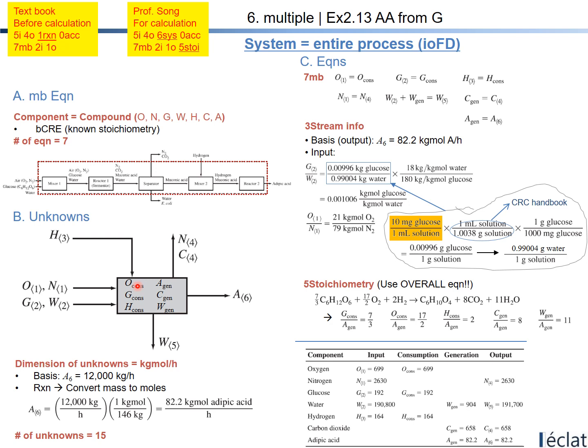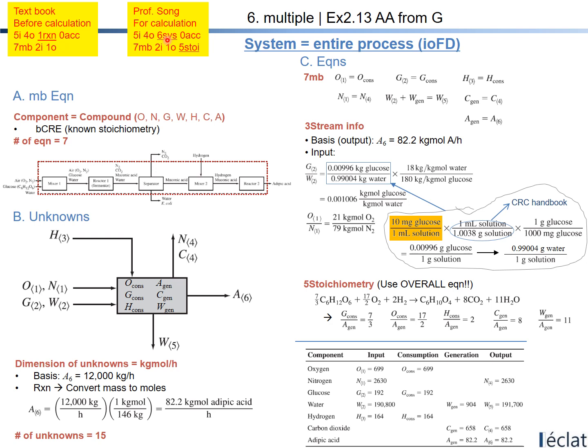The other thing, adipic acid is generated plus CO2 and water. So those 3 could be considered as the generation terms for the system variables. No accumulation term, like in the textbook method. So I have counted 6 system variables here plus 0 accumulation terms. So totally 15 variables or unknowns are available for this problem.